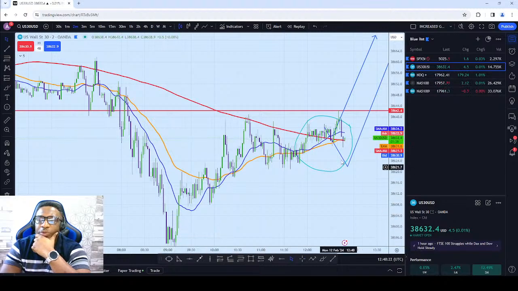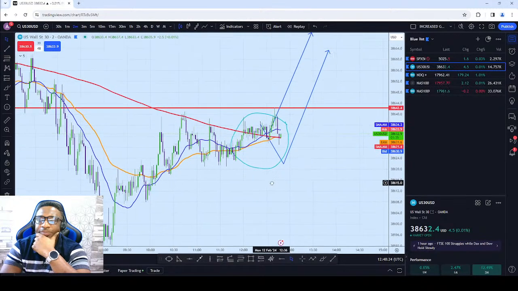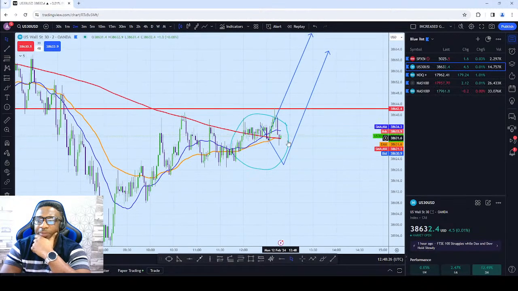Something is cooking here, guys. As I said earlier, we are still in the zone or the area of the 20 moving average, even though we can see it's below.